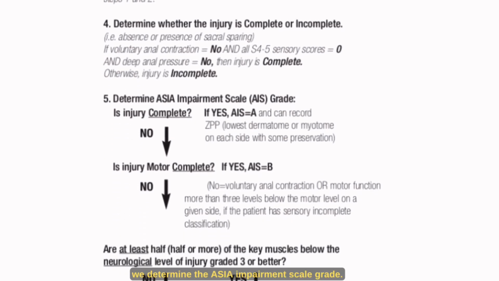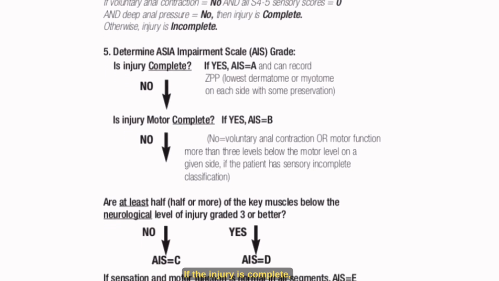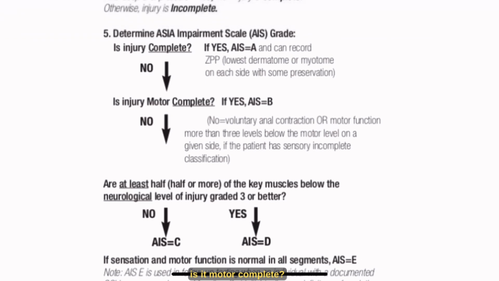Lastly, at step 5 we determine the ASIA impairment scale grade. That is what ASIA it is. If the injury is complete, that means it is ASIA A. If it's not complete, now we have to determine, is it motor complete? So if it's motor complete, that means it's sensory incomplete. So there is sensory function but motor is not there.